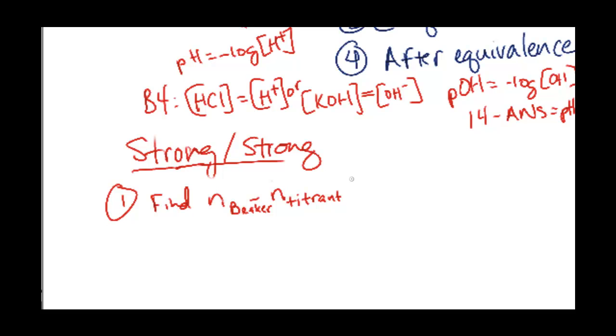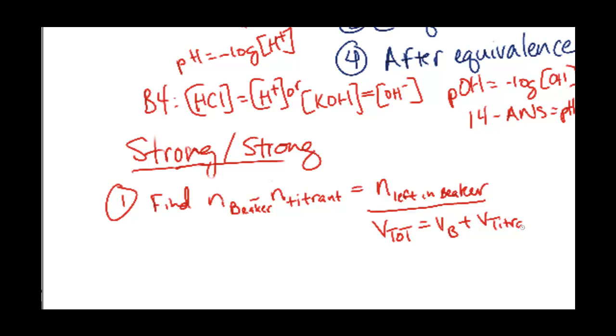Okay, and then you will have moles left in beaker, and at that point what you do is you divide by the total volume, which is the volume of the beaker plus the volume of the titrant, and that will give you the molarity of what's left in the beaker.